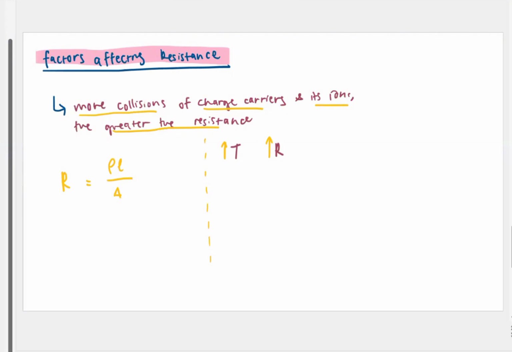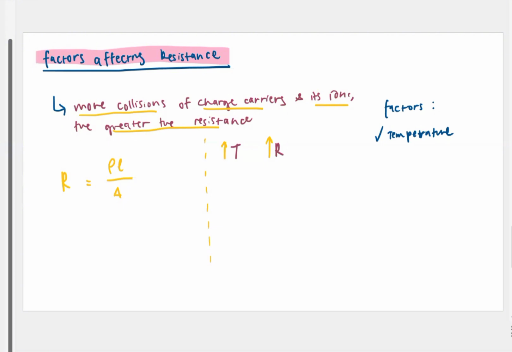Now, for the other factors, let's write this down then. So factors, the first one is temperature. Now, what are the other factors? We could see through this equation.